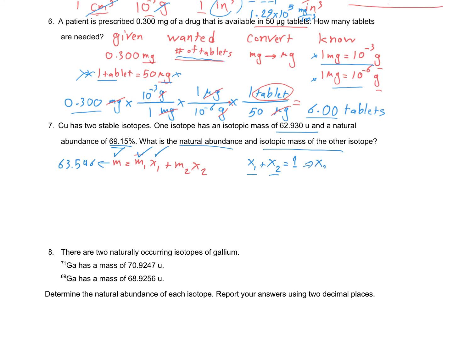So x2 is 1 minus x1, and it's in percent form, so we have to make it in ratio form. So it's 0.6915. So x2 is, let me check, 0.3085. Okay, so now that we have x2, we are solving it for M2.